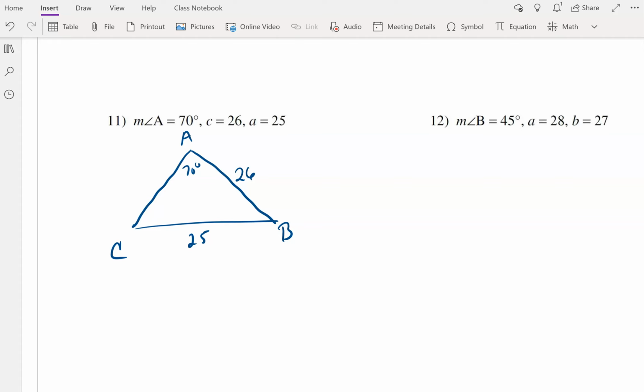Notice the first thing we probably should do here is figure out what angle C is, because I know angle alpha, I know angle A, I know side A, I know side C, but I don't know angle C. So again, if we refer to this one as gamma, the law of sines tells us we have sine of alpha over little a is sine of gamma over little c.